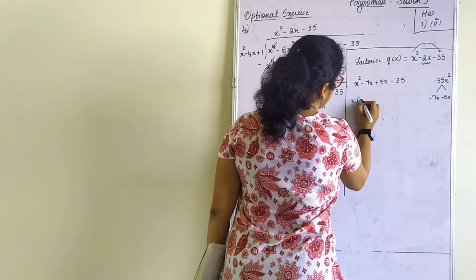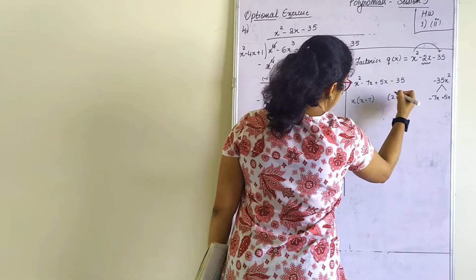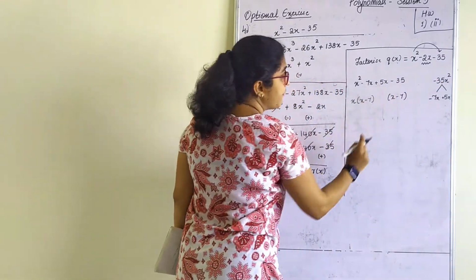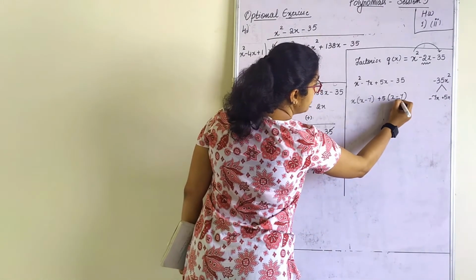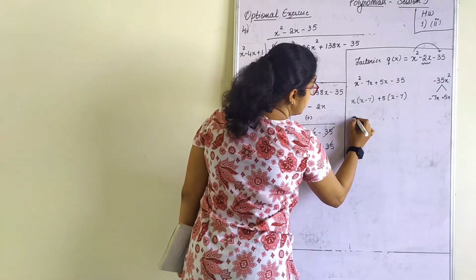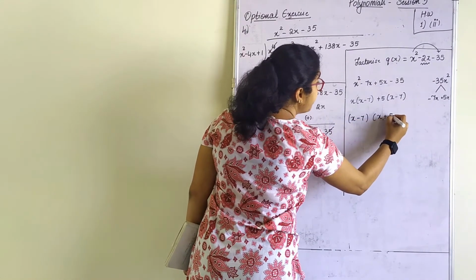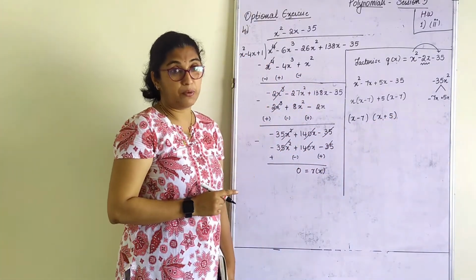x common. x minus 7, again we write x minus 7 as it is here. Then check x into what should give you plus 5, it is plus 5. Plus 5 into minus 7, minus 35. x minus 7 and x plus 5 are the factors of the given polynomial, right?